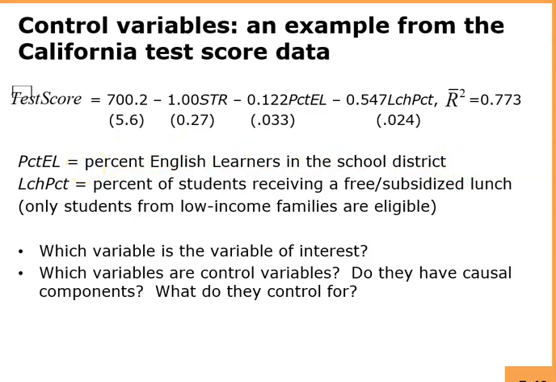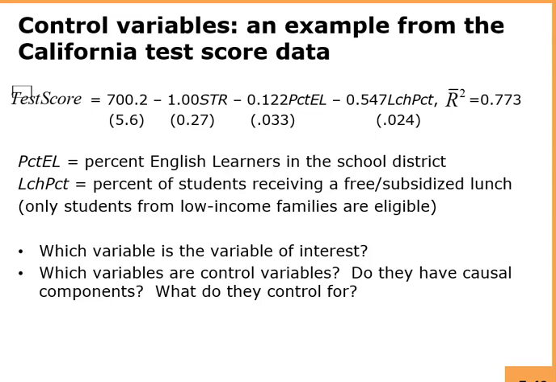Because it is controlling for the affluence of the household, because more often than not, students or children from immigrant families will be the ones who will be enrolled in English learning programs, and more often than not, immigrant families will be less affluent. So in a sense, percentage of English learners is correlated with the error term, because the error term includes affluence of the household.